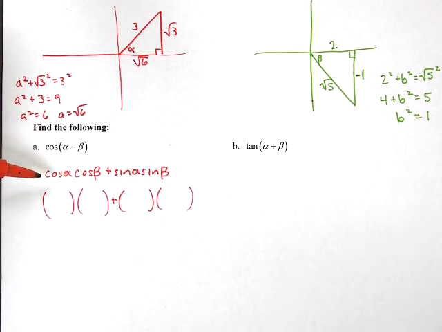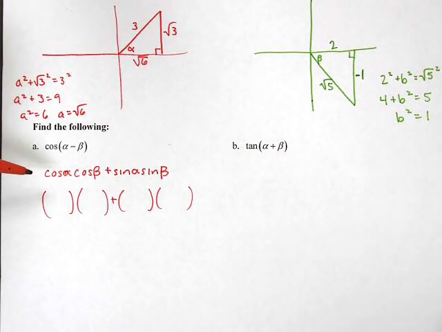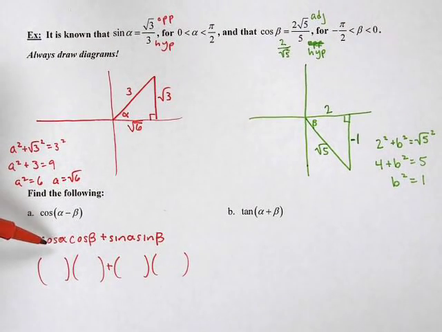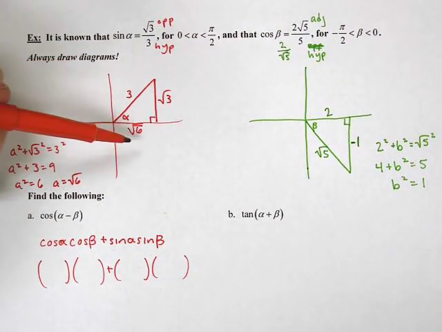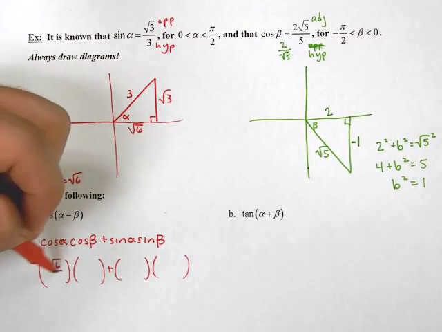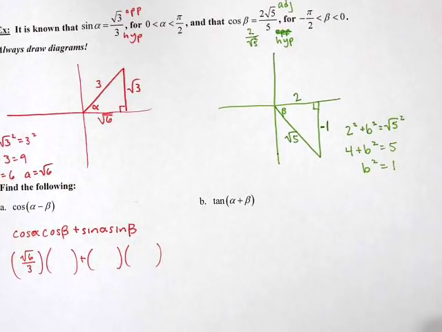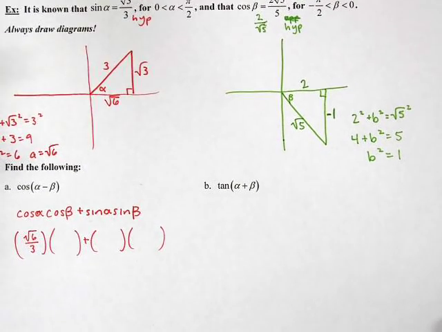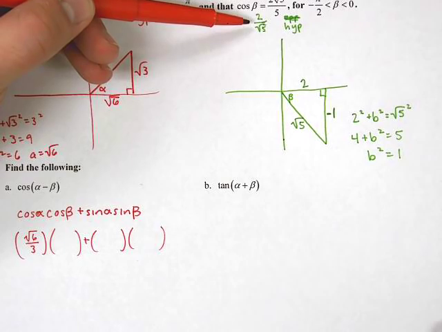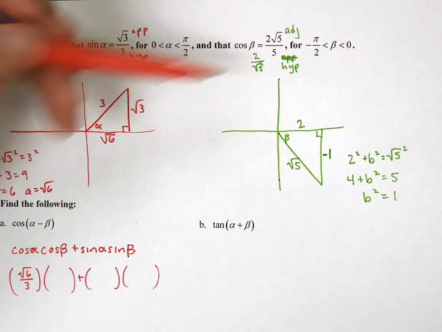Cosine of alpha. We didn't actually write it out anywhere, but we can get it from the picture. We know that the cosine is adjacent over hypotenuse, so square root 6 over 3. Cosine of beta, we were given, but remember we're going to use the unrationalized form, so 2 over root 5.